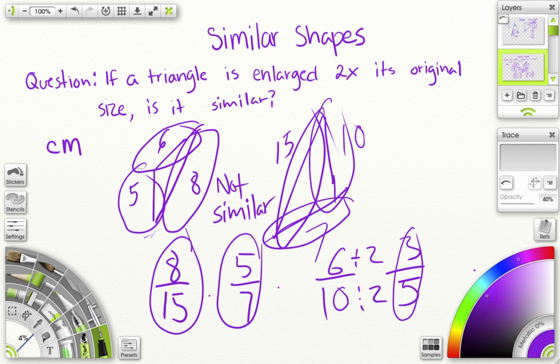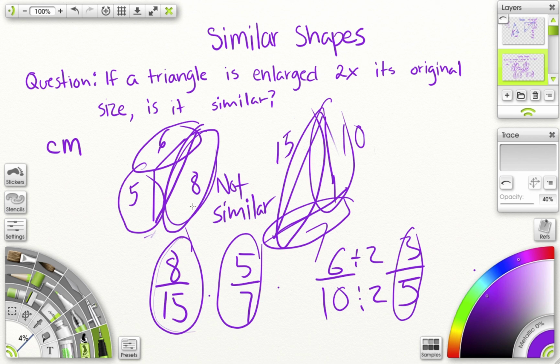So finding the sharing side is like, let's say, like I showed you with the longest side of the triangle. The longest side with the bigger triangle, I put the other longest side, I make them into a fraction. So for example, I gave you 8 and 15. They're both the longest sides of these triangles. I put it into a fraction. Make sure it's a proper fraction where the top number is smaller than the bottom number.